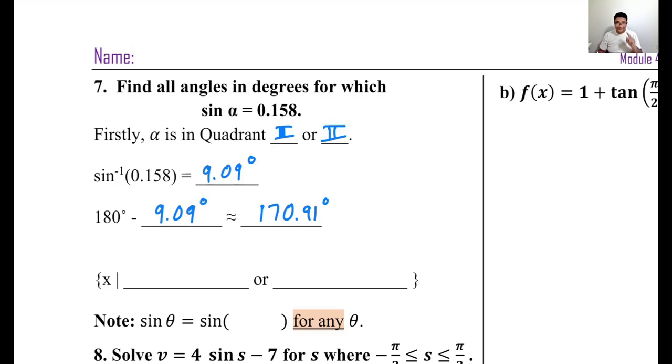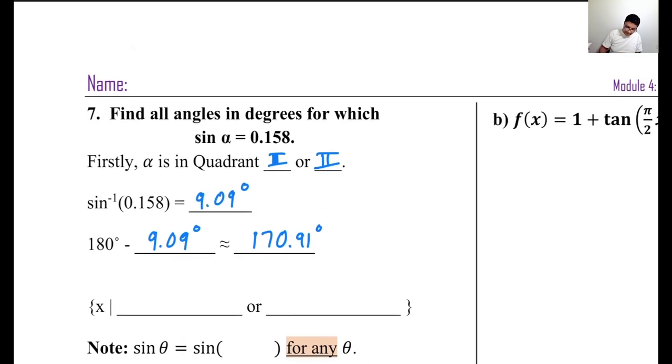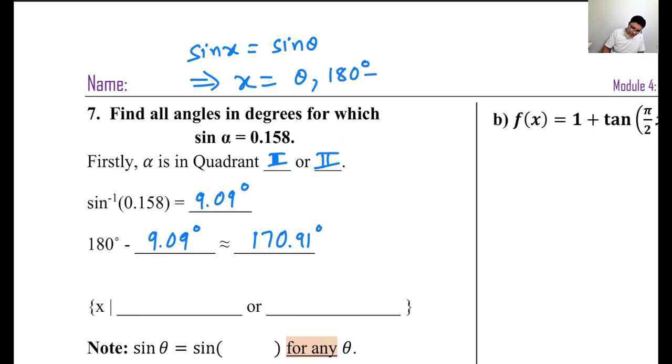Okay. And why is this idea of subtracting from 180, 180 minus theta, which I want to write now here in general, okay? If your general equation is sine x equals sine theta, where theta is some specific value, then your solution is either theta or 180 degrees minus theta.